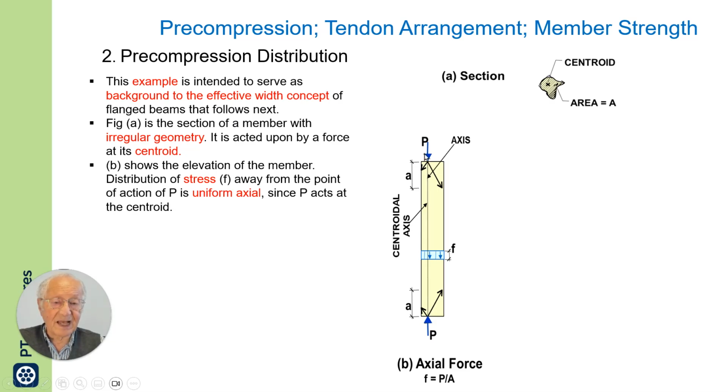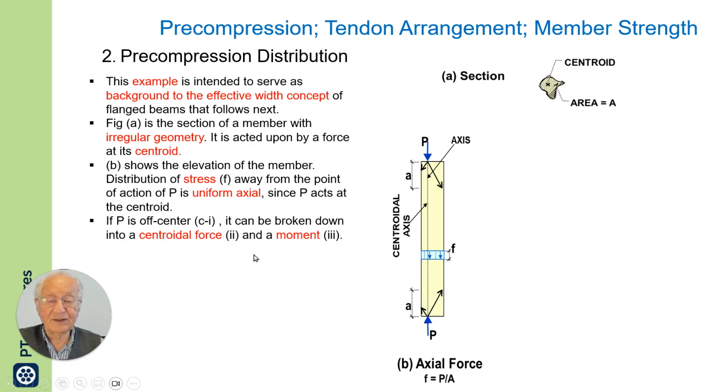If P is acting at the centroid, the definition of centroid is that it will end up with uniform stress here. If force acts at the centroid, the outcome of it will be uniform distribution of stress over the entire cross-section, not the tapered distribution we have in bending.